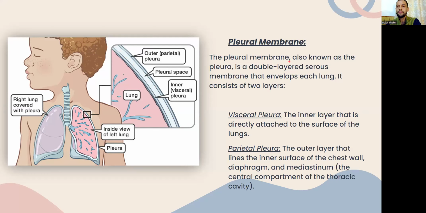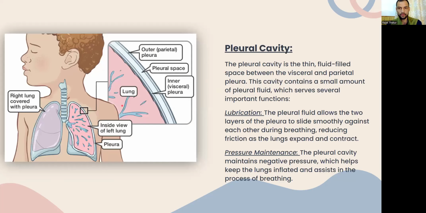So the pleural membrane, also known as the pleura, is a double-layered membrane that envelopes each lung. It consists of two layers, the visceral pleura and the parietal pleura. Now, there is a pleural cavity, which is a thin fluid-filled space between the visceral and the parietal pleura.